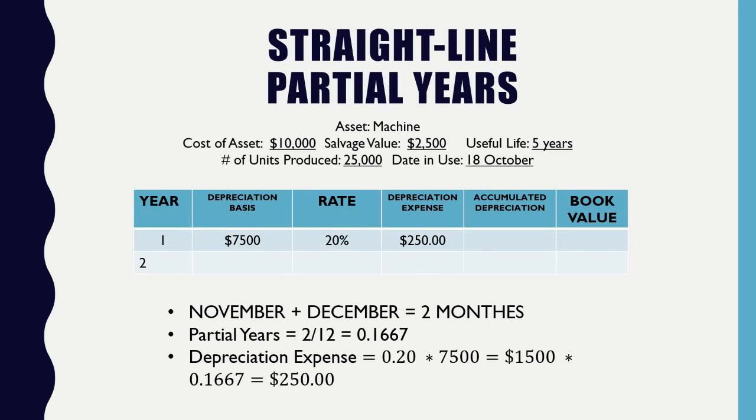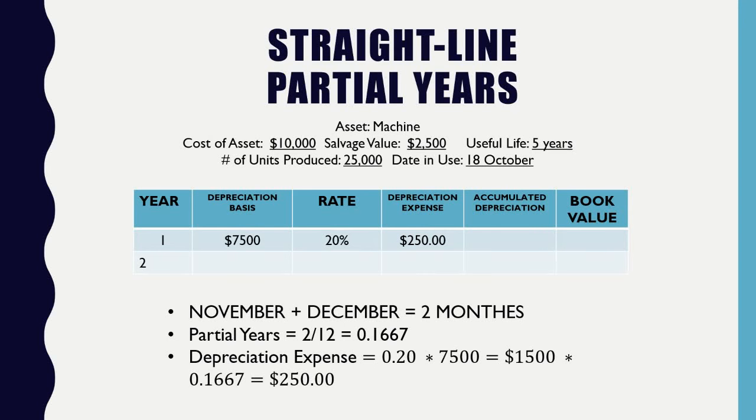So in this case, I'm going to take my expense, the 20% times the 7,500 to give you 1,500, and multiply it by 0.1667, or what we've seen before, multiply by 2 and divide by 12, and you should get $250.